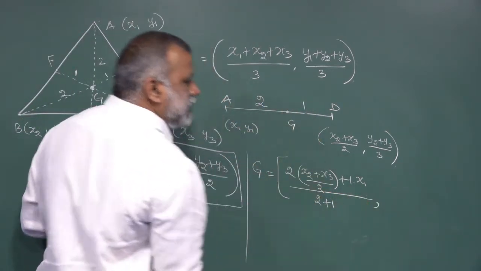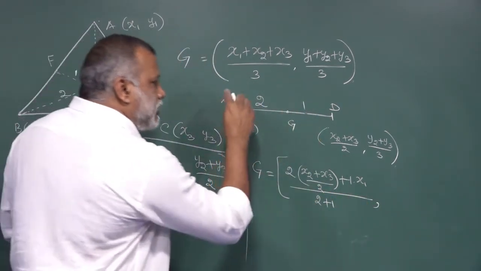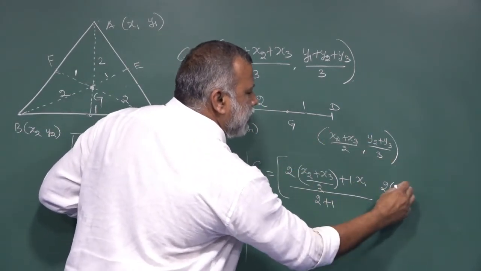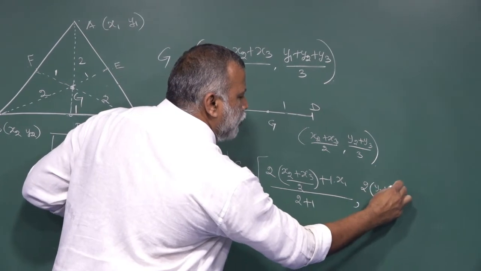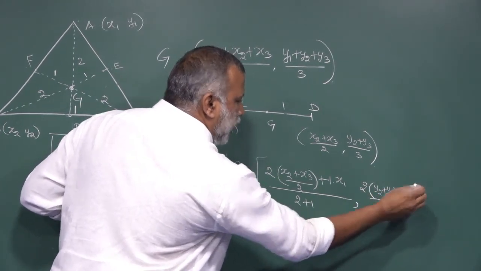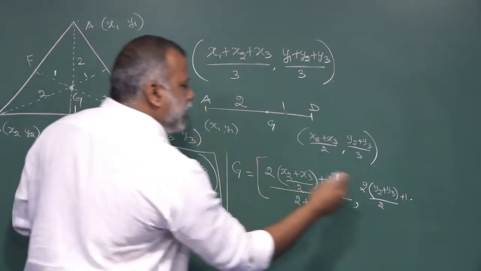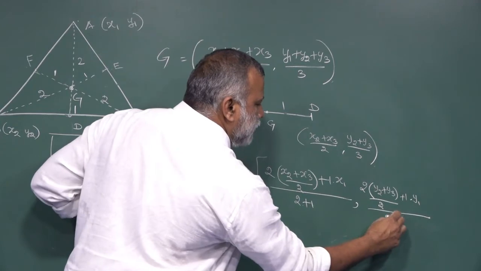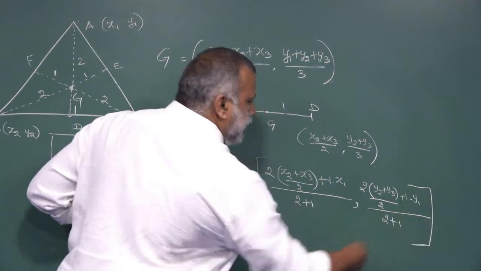The same concept. Once again, 2 times the y coordinate, (y2 plus y3) by 2, plus 1 times y1, divided by 2 plus 1.